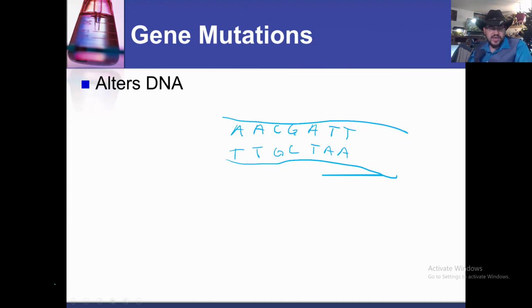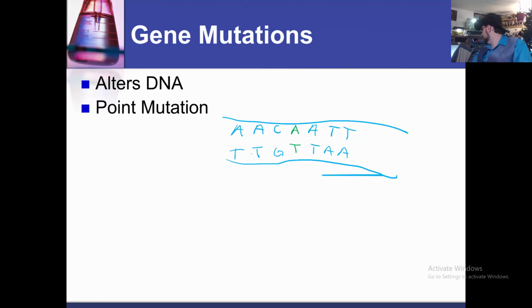And then a mutation occurs, and we alter at least one base pair. And instead of being a GC pair, it becomes an AT. That's a mutation, an alteration in the DNA.